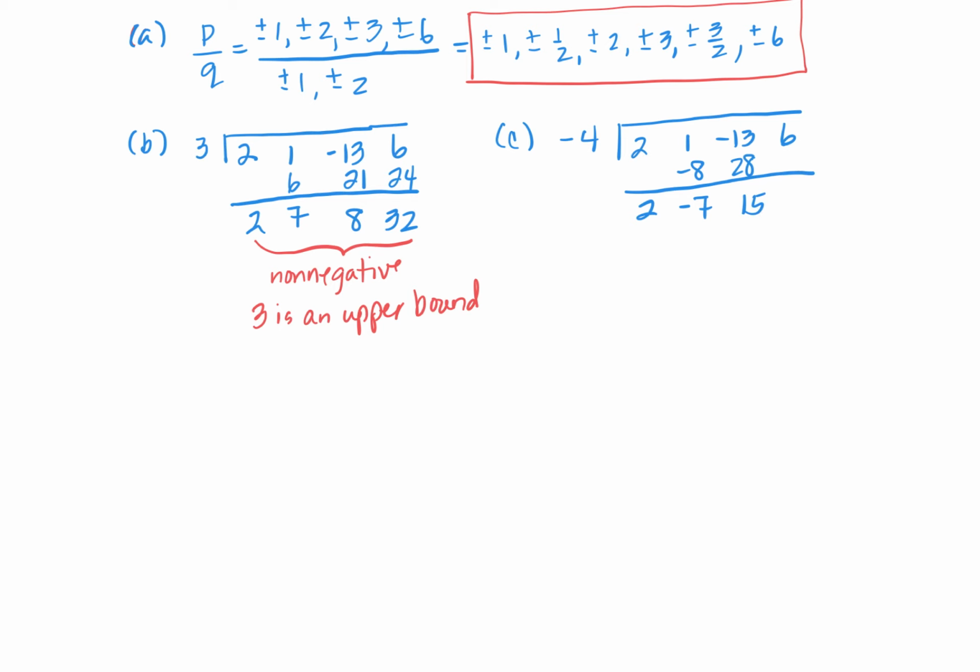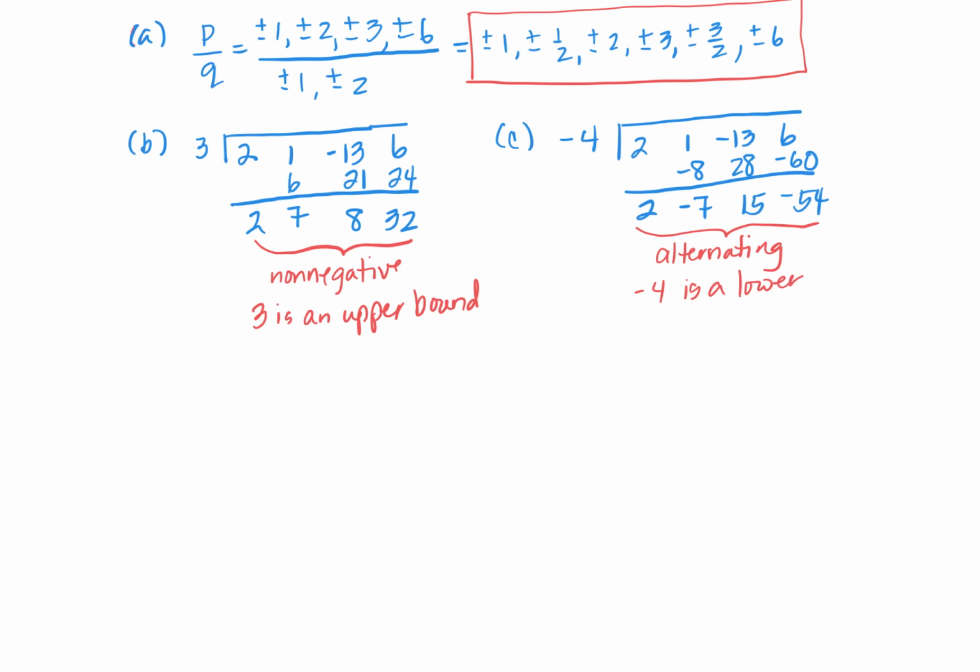Negative 4 times 15 would be a negative 60. Add to get a negative 54. I hope I did my math correctly. So notice we have alternating. And that tells us that negative 4 is a lower bound.